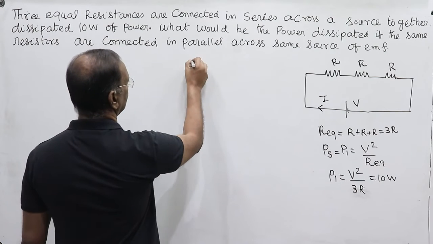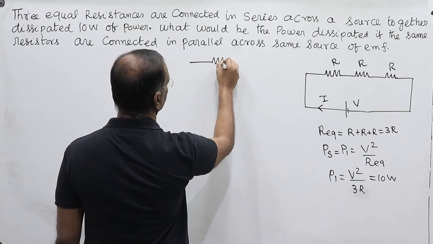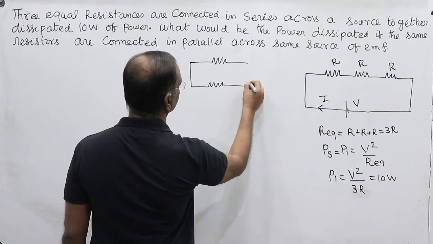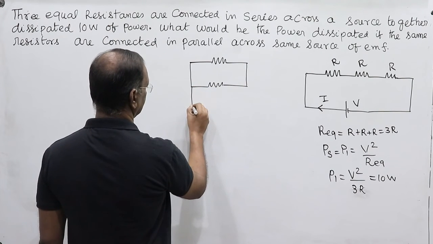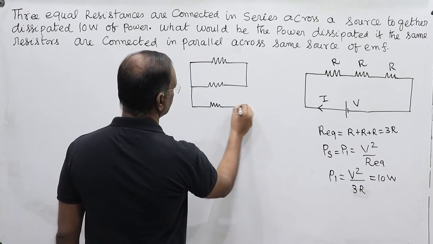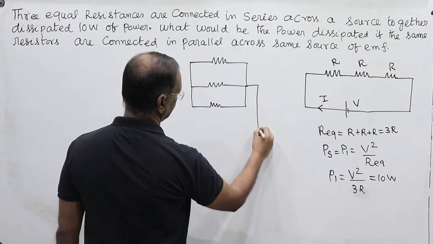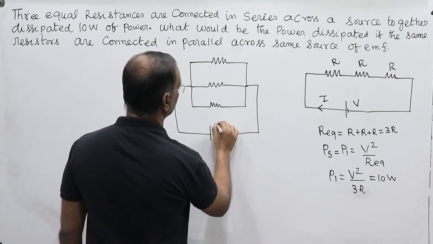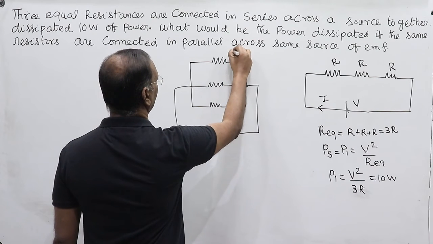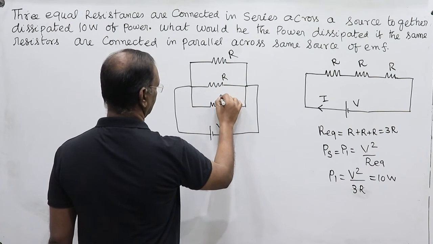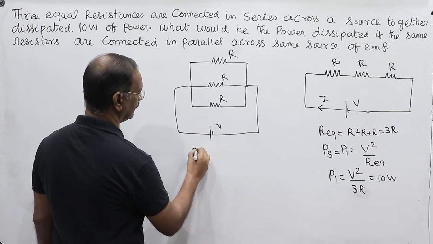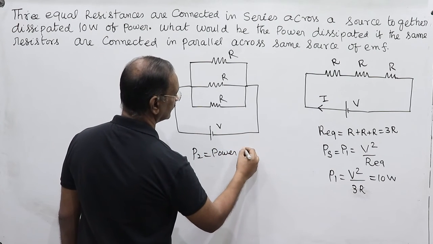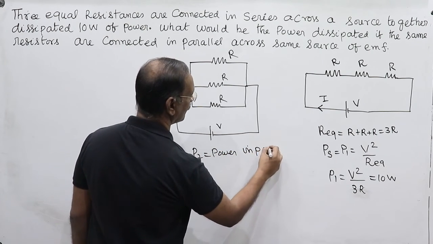Now, second case: all the resistors are connected in parallel with the same EMF source. We can draw it with the same EMF source, each resistor R, and P2 is the power in parallel.